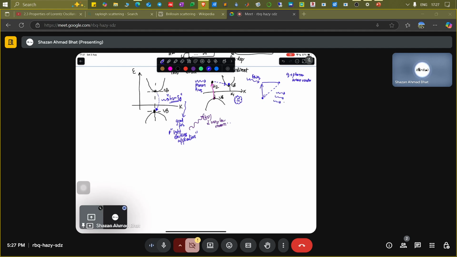That's why indirect bandgap semiconductors are very bad, because they give off so much heat. There is a thermal issue because of the involvement of the phonons. So a lot of engineering is happening in this field.